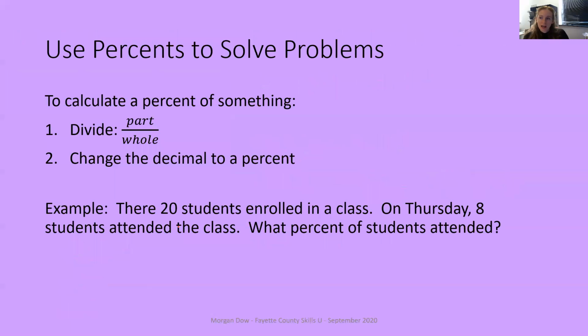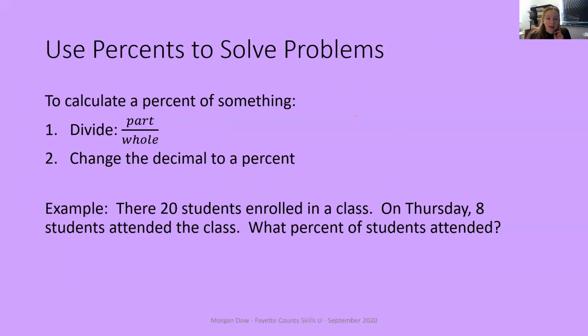All right, so now let's use some percents to actually solve some problems, to find some missing information. So one of the most common things that you might do related to percents is you might want to calculate a percent of something. And probably the easiest way to calculate a percent of something is just to divide.